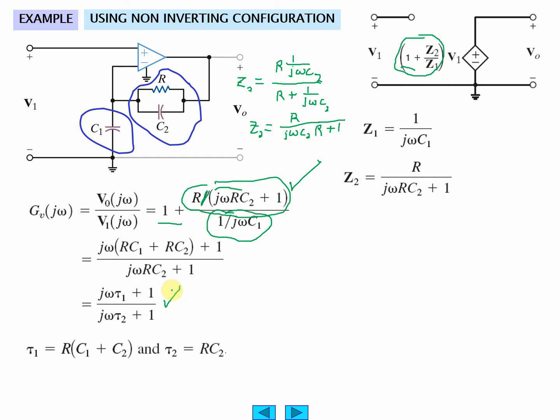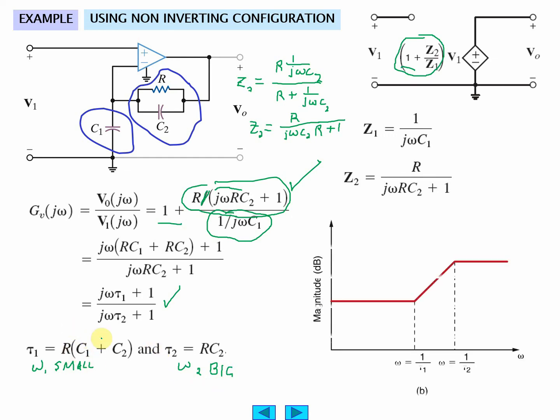One zero and one root at 1 over tau 1 and 1 over tau 2. Tau 1 is bigger, so omega 1 is going to be small. Omega 2 is going to be big. And depending on the values, ratios, well, anyway, let's keep going.